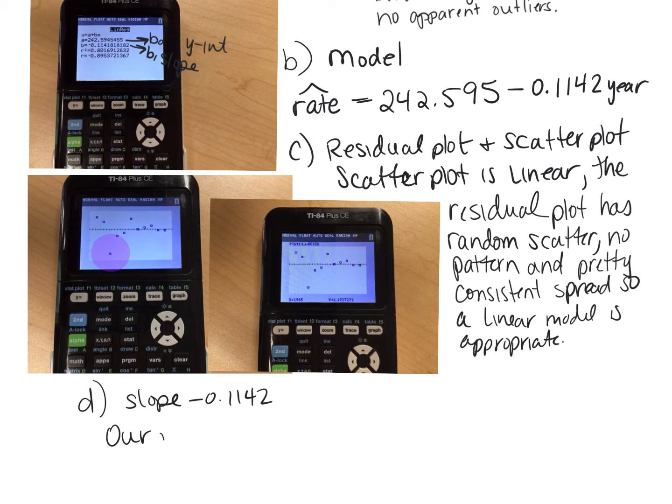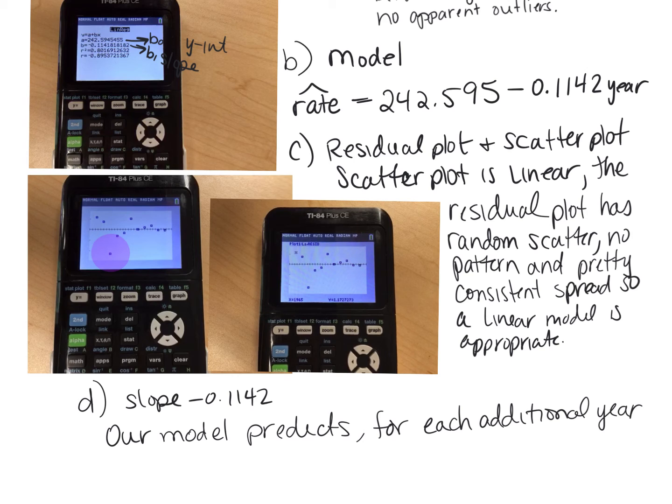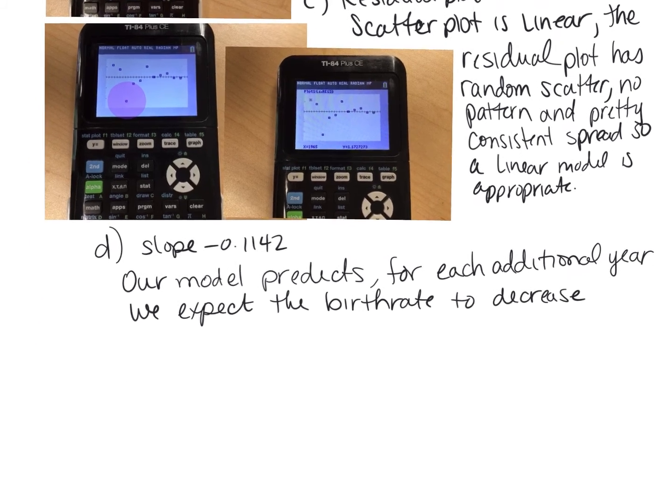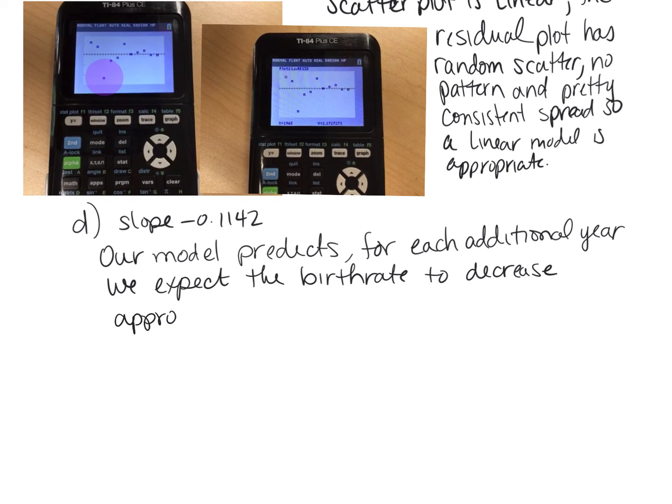Our model predicts for each additional year, and if it's years since 1900, we include that, we expect the birth rate to decrease approximately 0.1142.